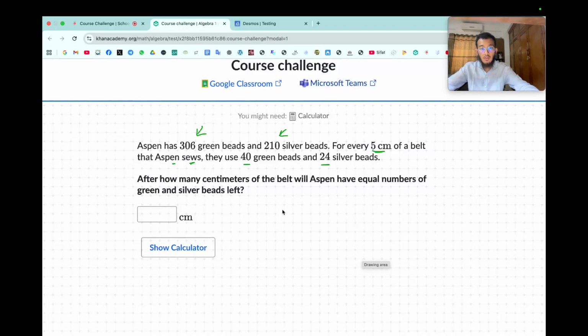Okay, let's form an equation for green beads.